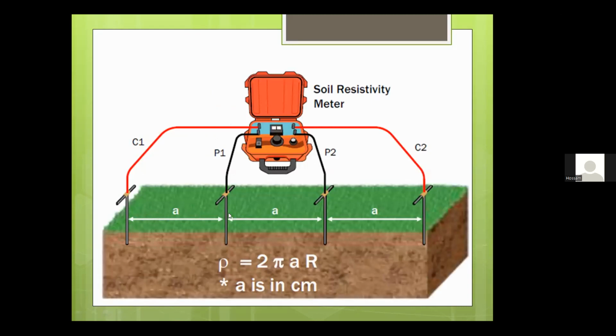Four pins are installed in the soil at equal distance, which is A. The device will give us a reading, which is the R. Then we calculate the resistivity from this equation.